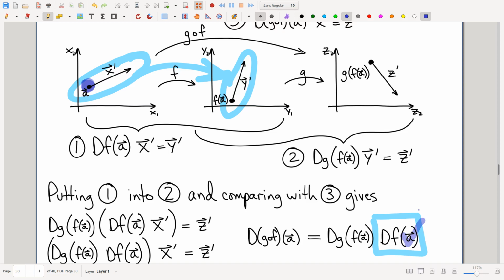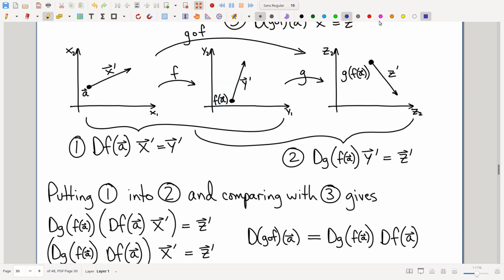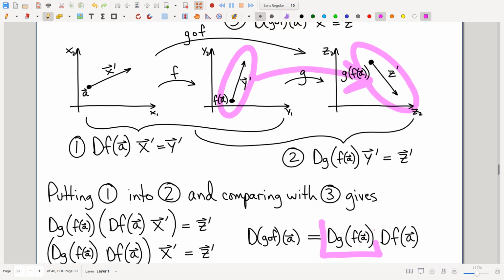With that point of view in mind, now let's look at dg. dg is evaluated at the same place where g is evaluated, and in the scenario that we have set up here, g is evaluated at a point that is not A. It's f of A, what came out of f from the point A. And so that's why we have to stick this in here.